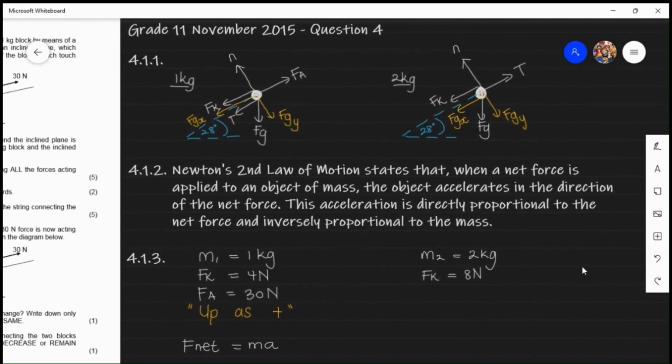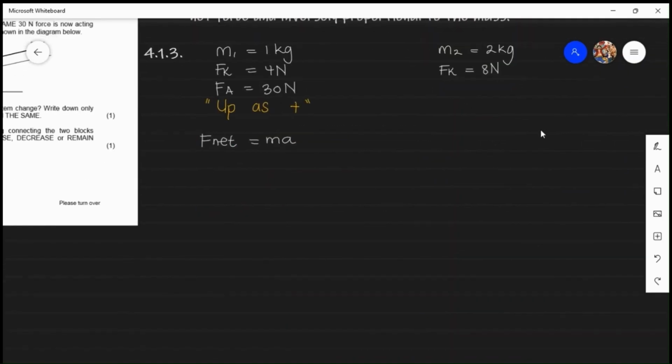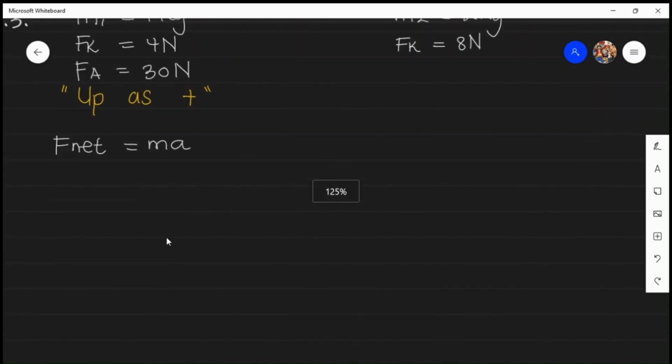We can get this from our free body diagram. We can see that we've got applied force moving up the incline, so that is going to be positive. We then have kinetic frictional force, our parallel component of Fg, and tensional force that are all moving down the incline, which means those three forces are going to be negative. So let us put that in.